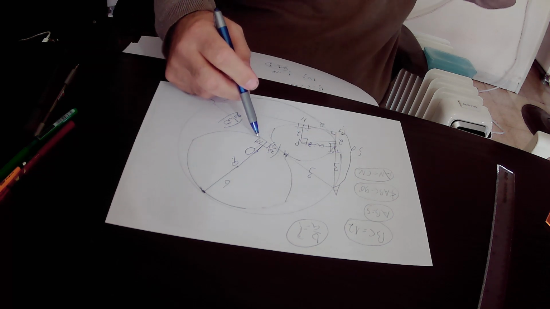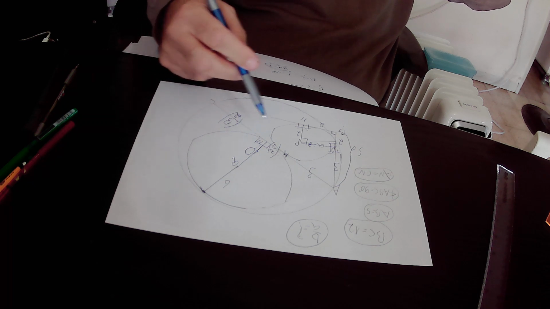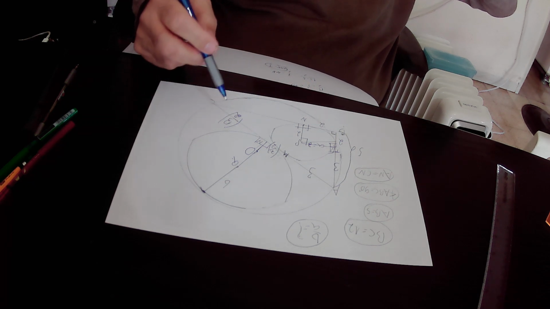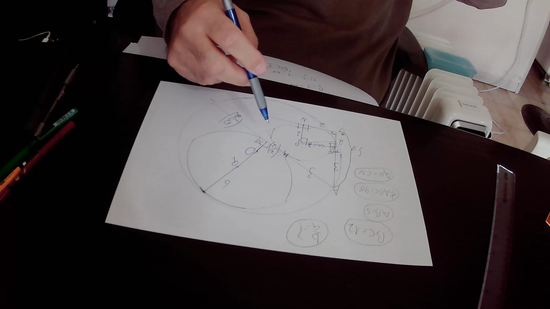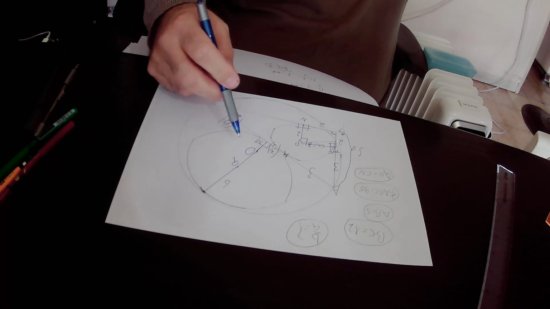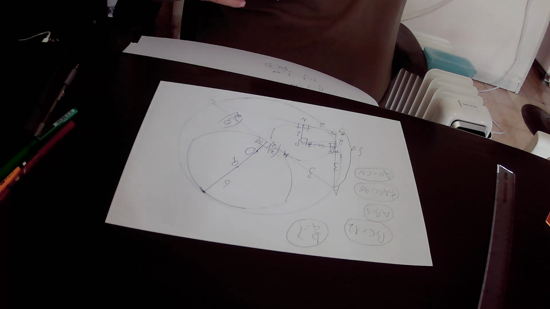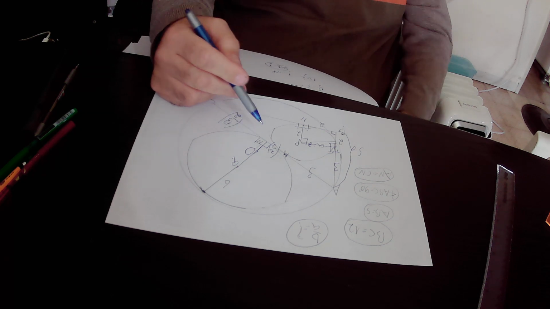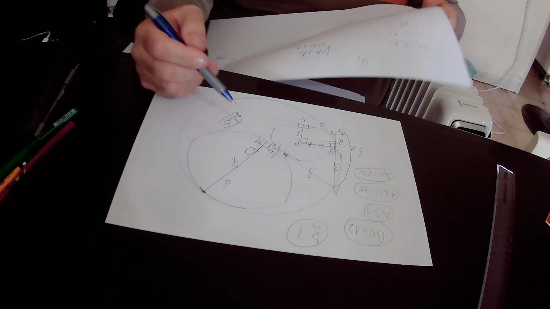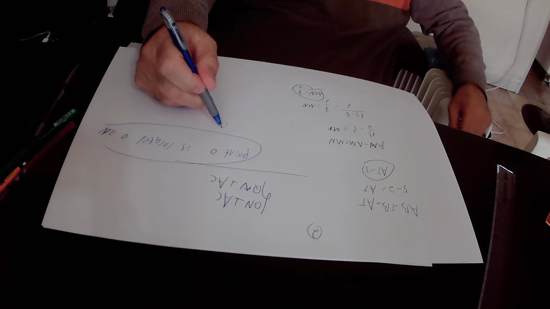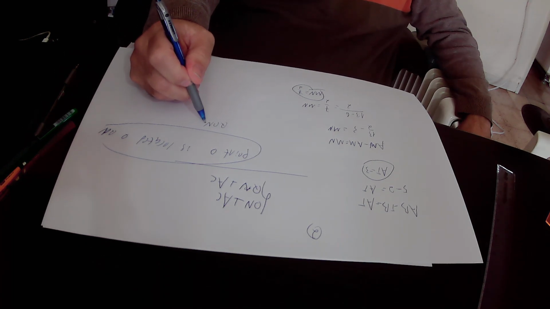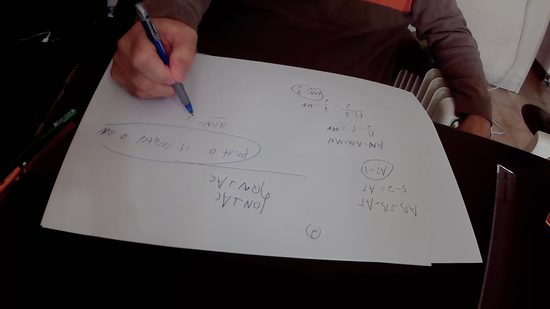Otherwise, ON will never be perpendicular to AC. In order that ON be perpendicular to AC, point O must be located on QN. That is to say, QON is one straight line.